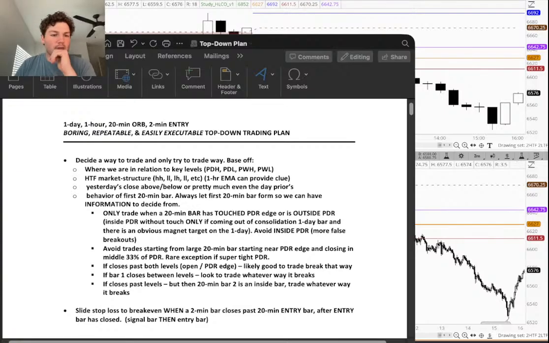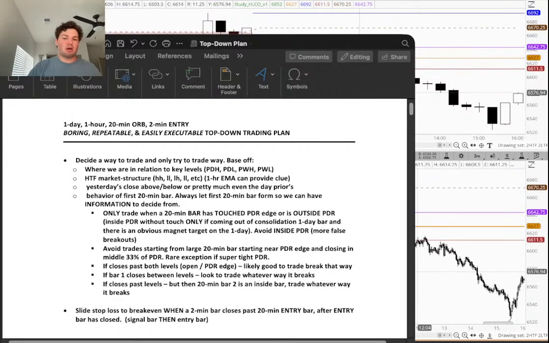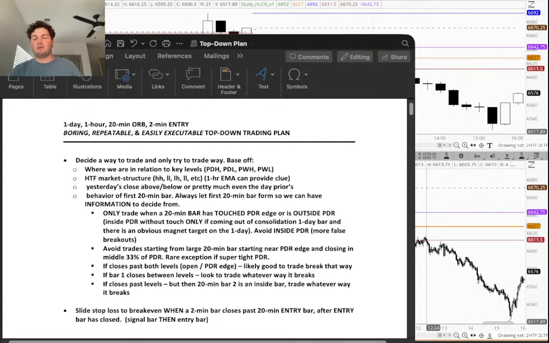Yeah, that makes sense to me. That way we can only have a max of 3 losses in a day. If we miss a move, we miss a move. But the best days will start making their move in the first 20 minutes anyway, 30, 40, 50, 60 minutes.